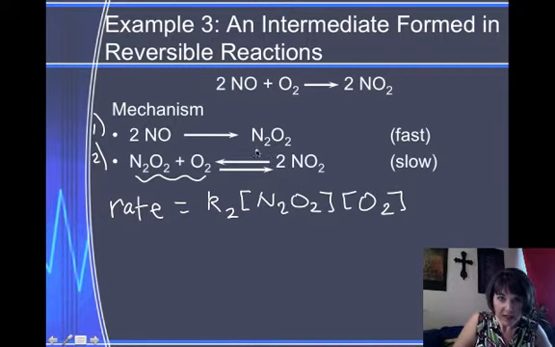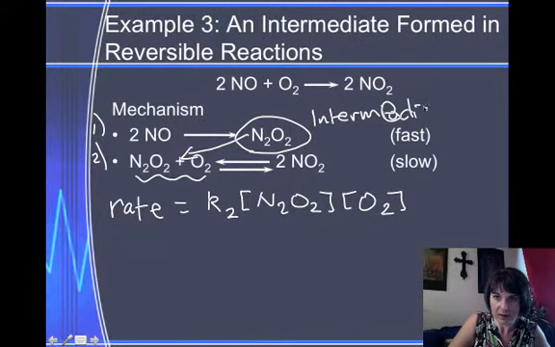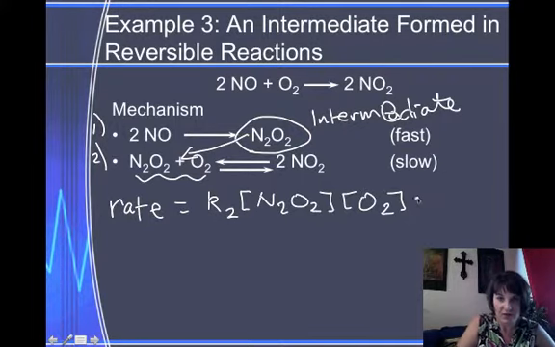But look, the N2O2 was formed in step 1, then used up in step 2. So this is our reaction intermediate. We won't be able to measure its actual concentration. Intermediate. How come I can't spell today? There. That's our reaction intermediate. So we can't measure its concentration. We have to go back to the reaction in which it was formed.